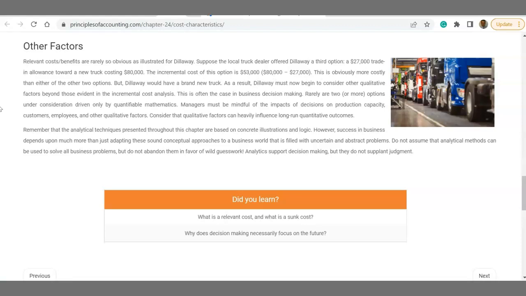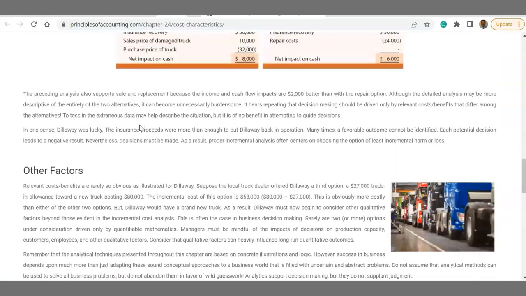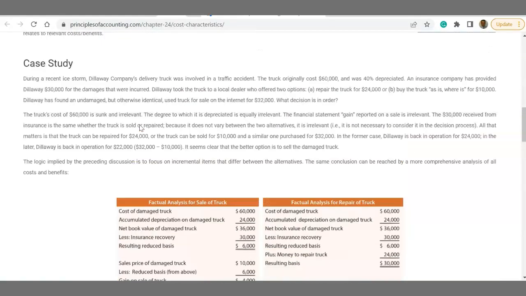This is obviously more costly than either of the two options, because in the two options we were doing what? We were either spending $22,000 if we want to sell it to the repair shop and a dealer and buy one from the internet, or the other one is $24,000 if we want to fix it.